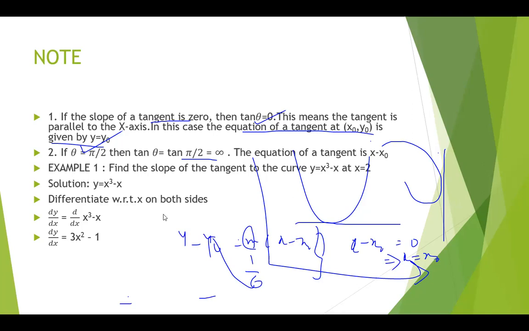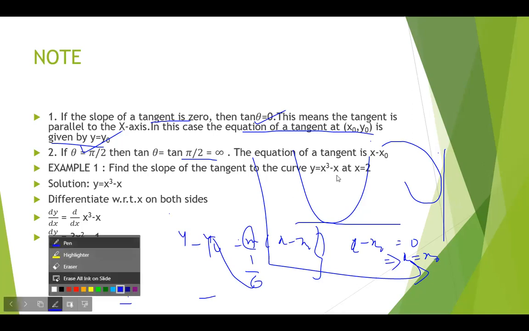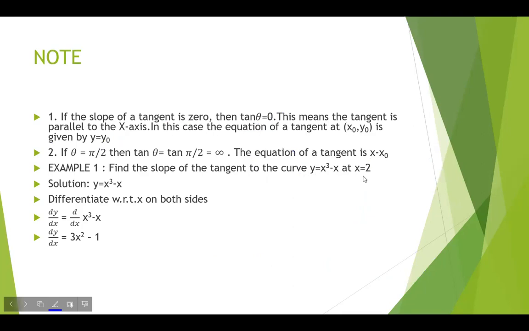Now, I take the example. Find the slope of the tangent to the curve y equal to x cube minus x at x equal to 2. We consider the curve y is x cube minus x, differentiate with respect to x on both sides. 3x square minus derivative of x with respect to x, it is 1. 3x square minus 1.